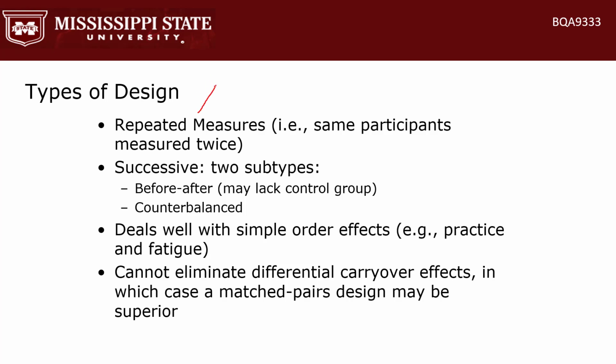So we might have a before and after. For example, we're measuring different people. I'm trying to draw little stick figures here, but let's just draw a little stick and a head. And how much weight we lose.